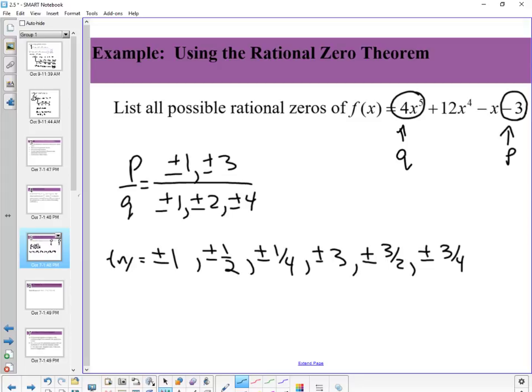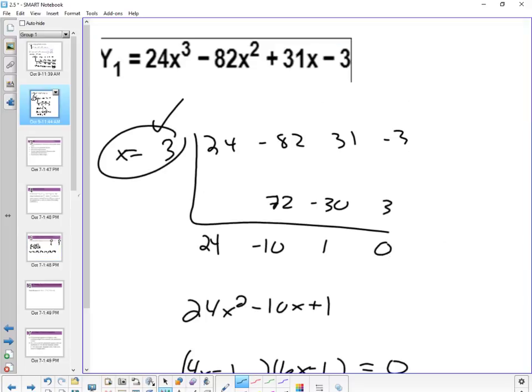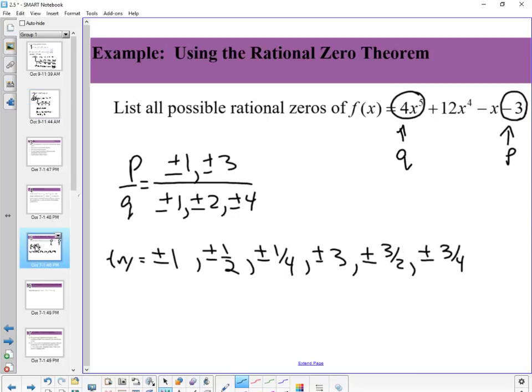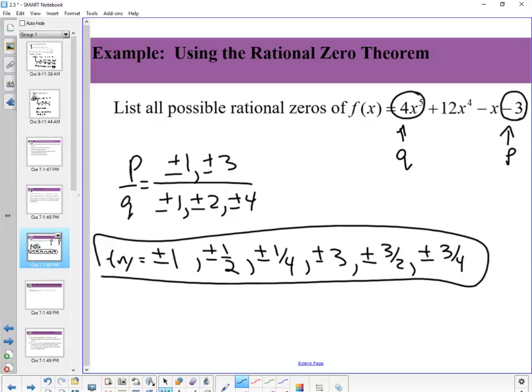Remember last time, they told us that 3 was a zero, and we were able to go through this process? They're not giving us this anymore. They're giving us the polynomial, and we have to figure that out. So all I'm doing is building for myself a list of all possibles. This just says try. Okay? Try. Is that a little bit better?